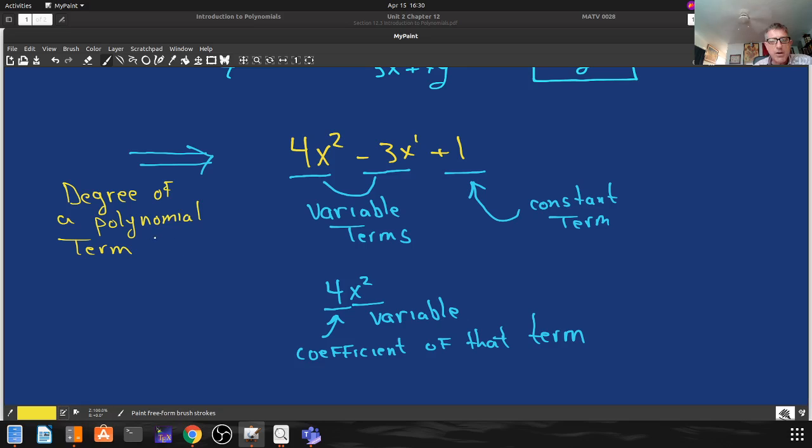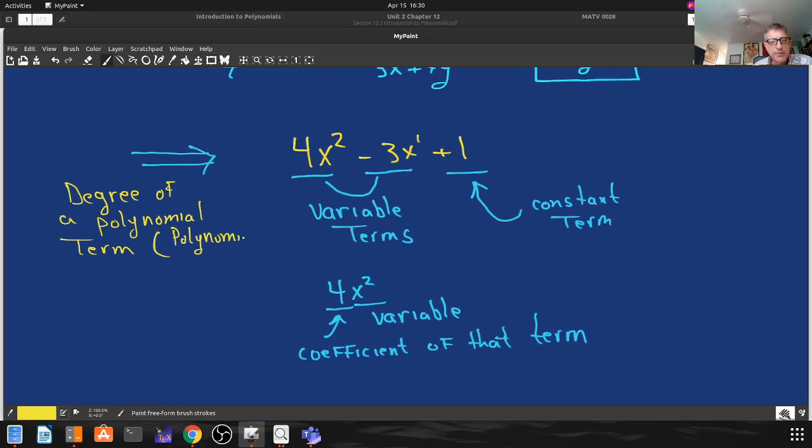So for right now, let's deal with polynomials in just one variable, like you see here.